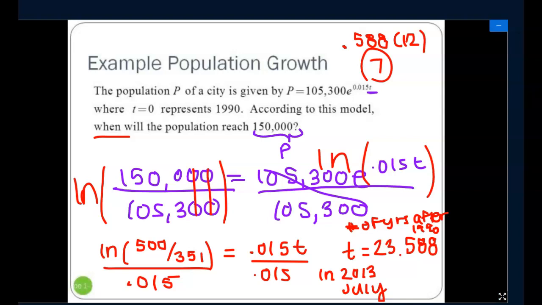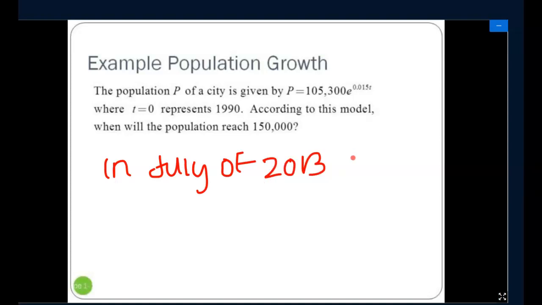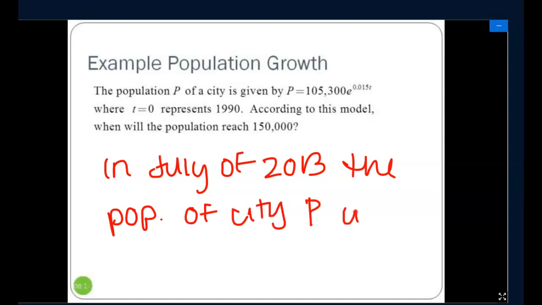It means that in July of 2013, the population will reach 150,000. You need to get into the practice of writing down that type of sentence. So it would say in July of 2013, the population of city P would be 150,000.